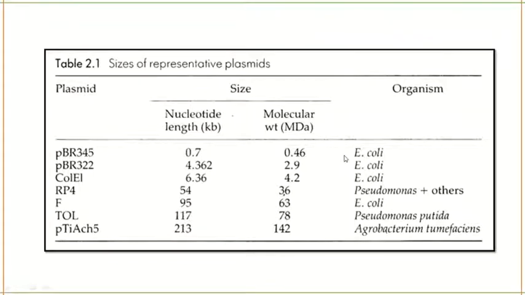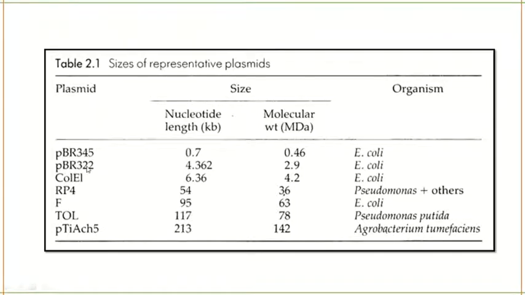These are for general information for you: what are the different types of plasmids available, what their base pairs can be, and what organism can produce them. You do not have to memorize these things, but you should know them.